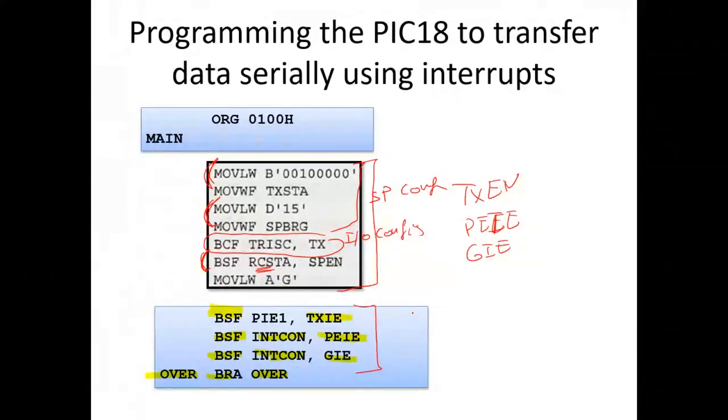Okay, and here we have the interrupt configuration or the interrupt enable. We have to enable the TX, we have to enable the peripheral, and also the global. Any question about this?